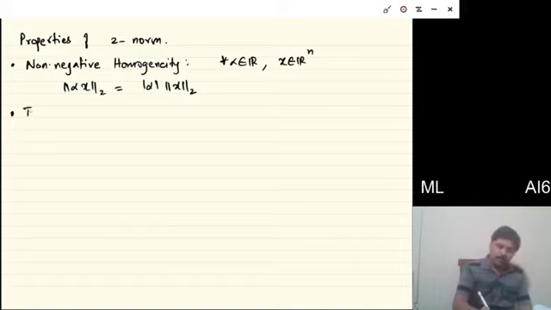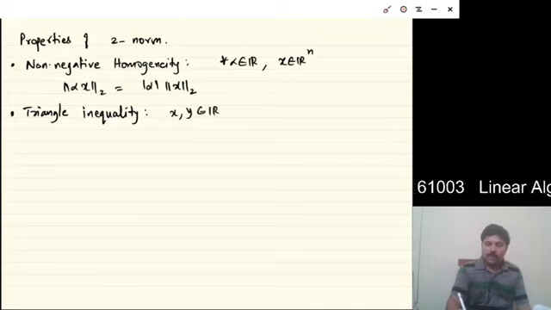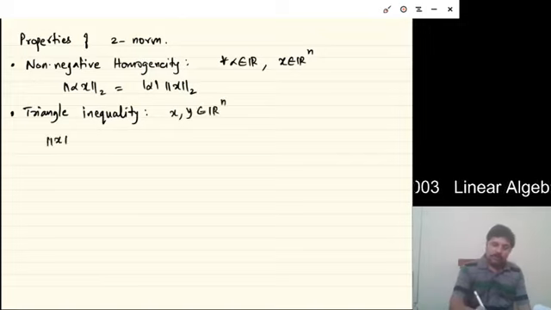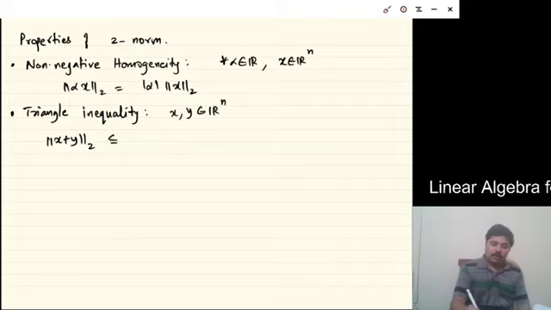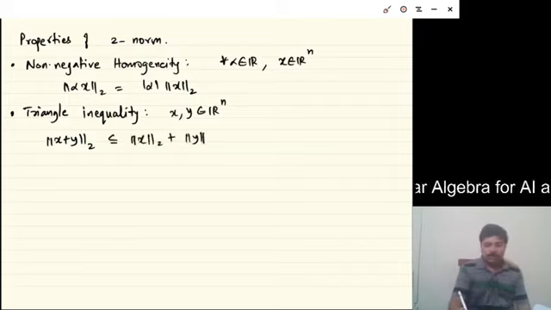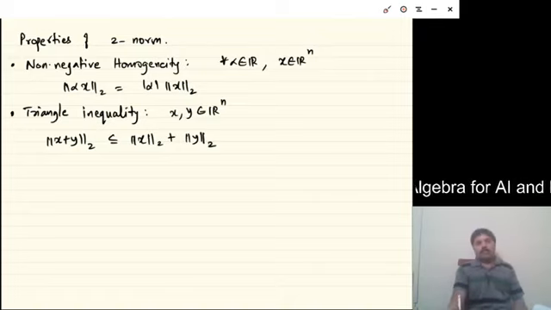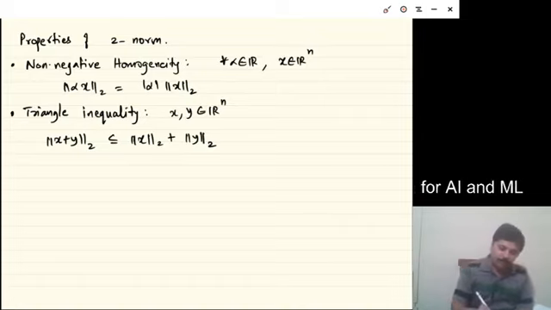Then one of the important properties is the triangle inequality. So for every x and y in Rn, the norm of x plus y is less than or equal to norm of x plus norm of y. That's the triangle inequality.